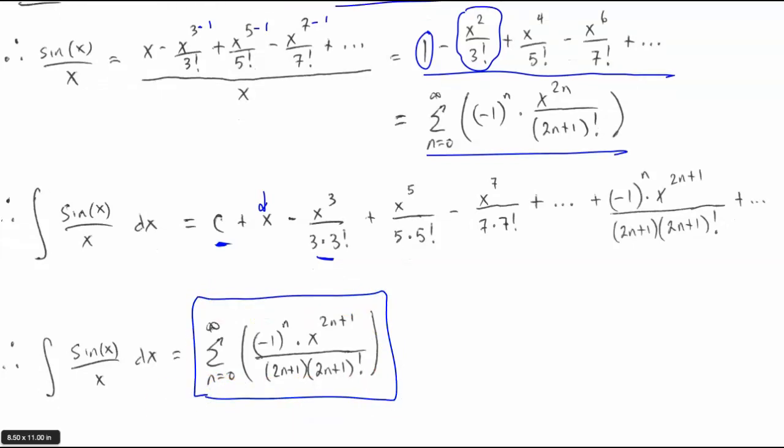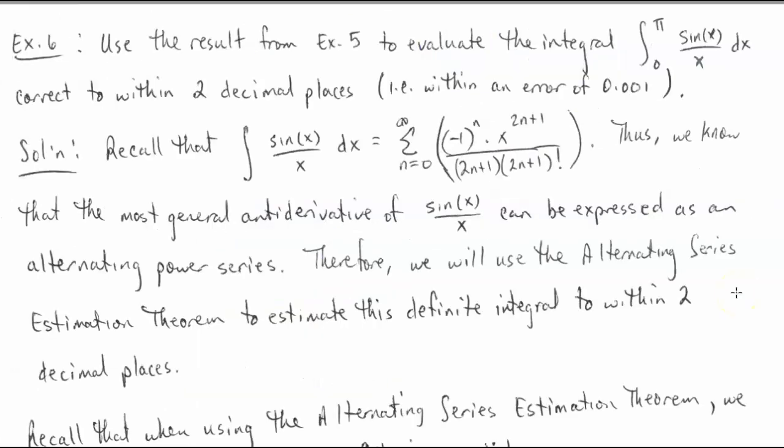All right, so let's move on to our next example. So for example number 6, we're going to use the result from the last example, namely what the most general antiderivative of sine of x divided by x, or the antiderivative of the sinc function, is.